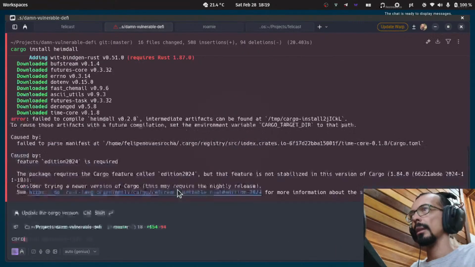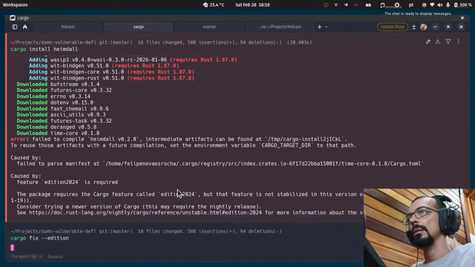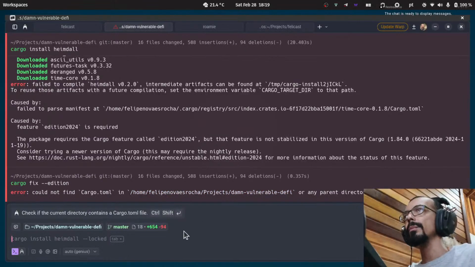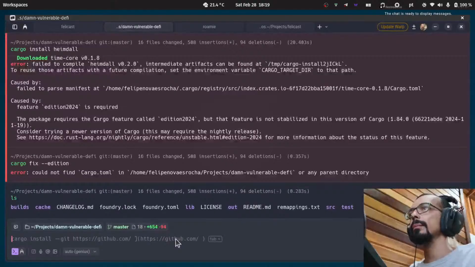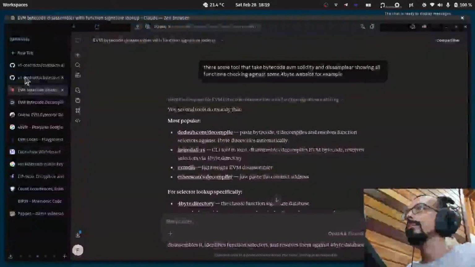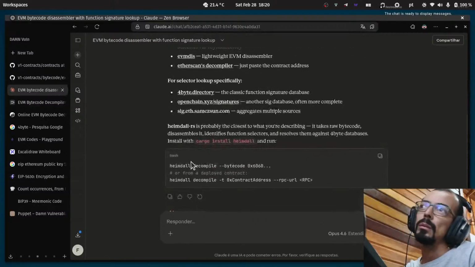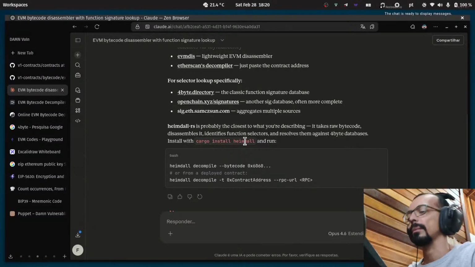Okay, we can run cargo fix edition. Okay, so I don't want to do that. Okay, maybe we need to do... why did it install?